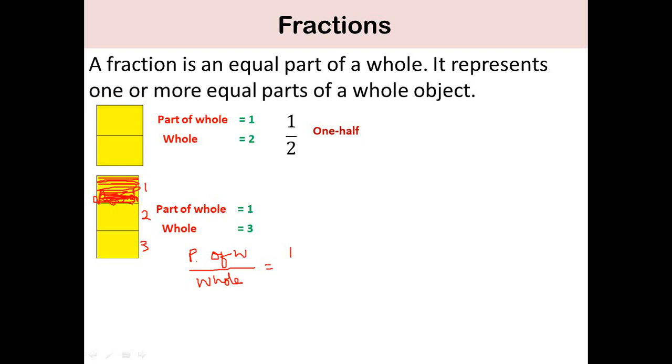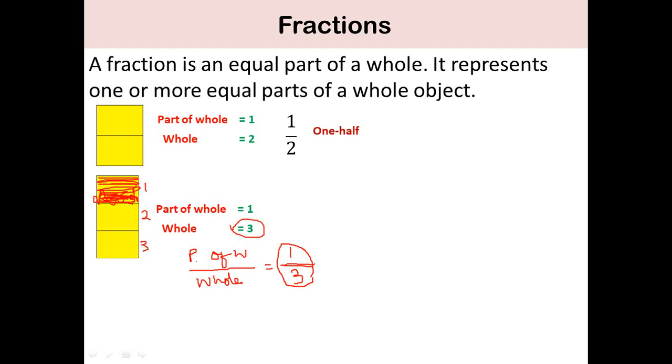So instead of part of whole, I will write 1, then the straight line, then whole. Whole is how much? 3, because the whole has been divided into 3 equal parts. Now instead of whole I will write 3.